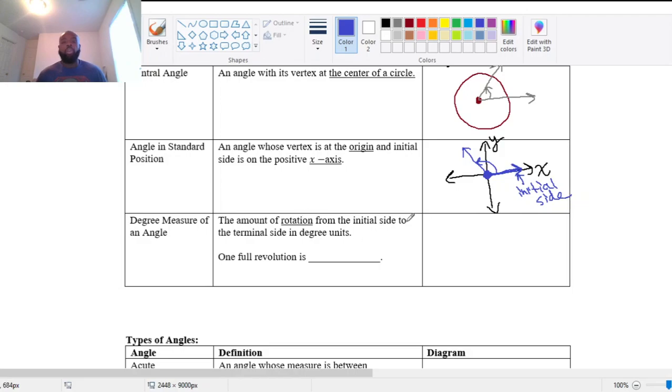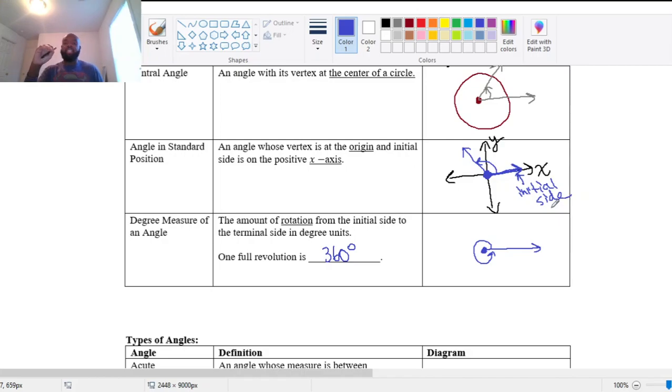One of the things that we want to know is that one full revolution consists of 360 degrees, right? And so if I have an angle, whether it's a central angle, it's in standard position, or what have you, one full revolution that gets me from my initial side all the way back to my terminal side, to where they lay on top of each other, that's 360 degrees.